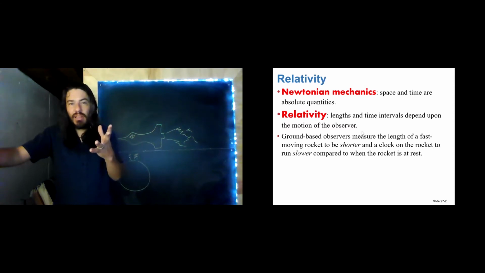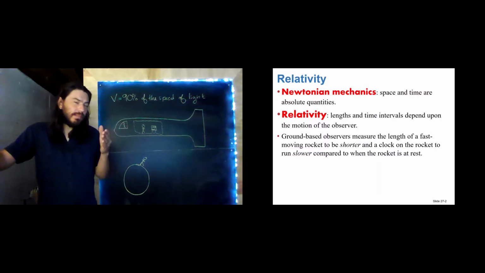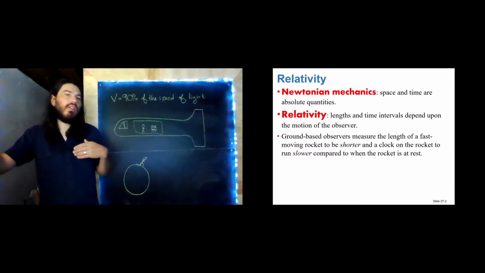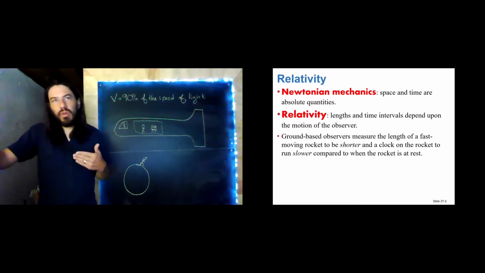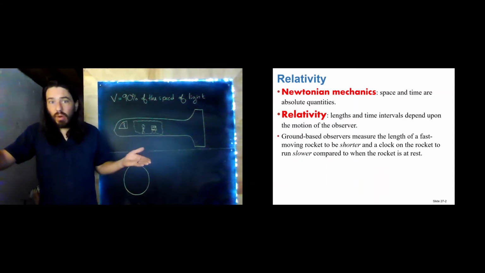Let me show you what I mean by that. To help us wrap our brain around this, let's take a specific situation and compare how it might look according to what we've learned so far and according to this new theory of relativity. So what do I mean by space and time are absolute quantities?